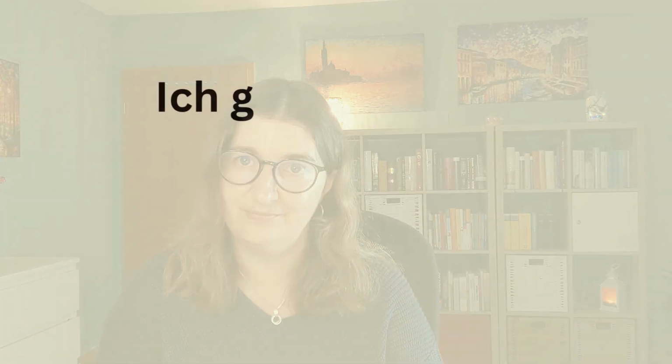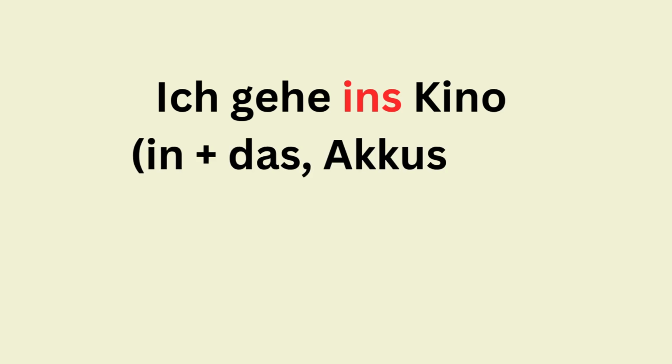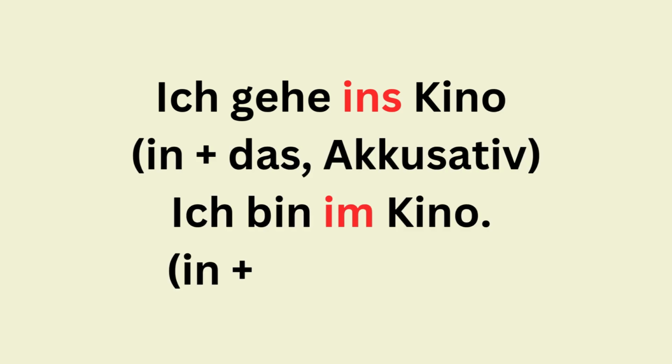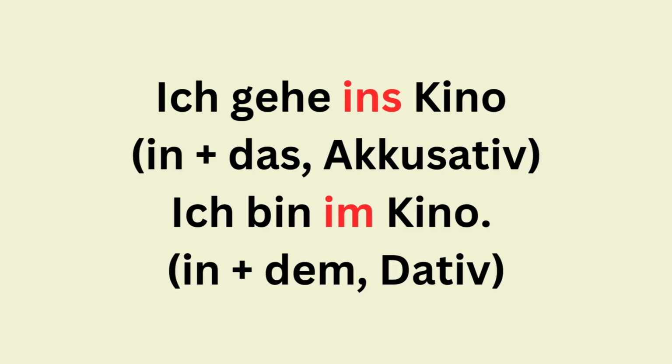Both are dem in the dative, but not with the female article. Ich bin in der Schule, there is no option to make this shorter. Im is really a preposition you need all the time, so try to do some examples on your own and try to understand this concept.